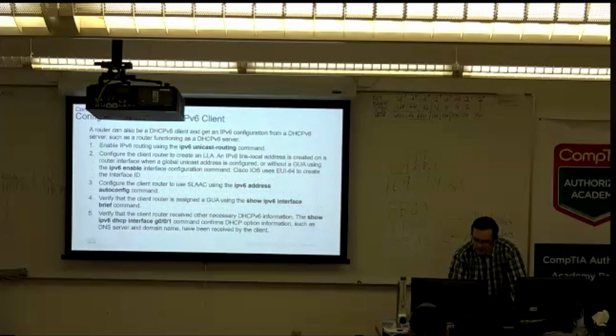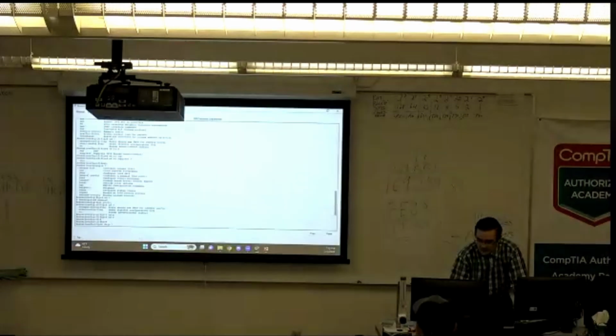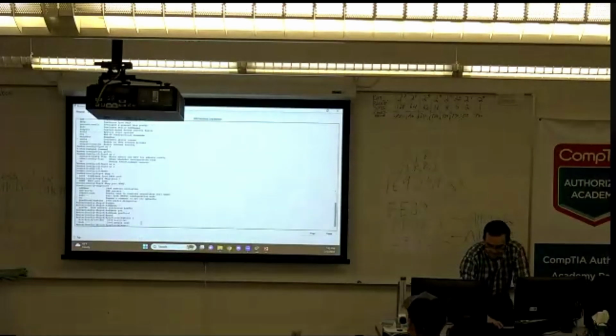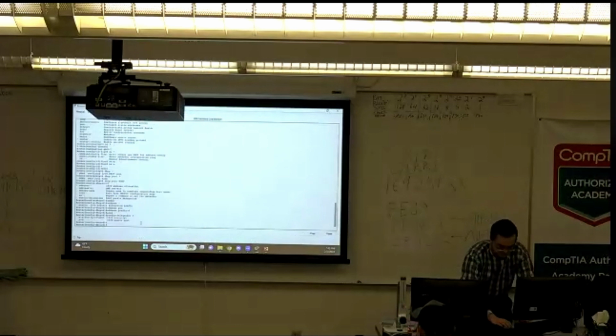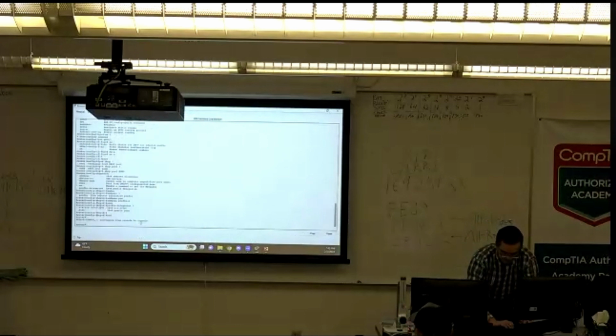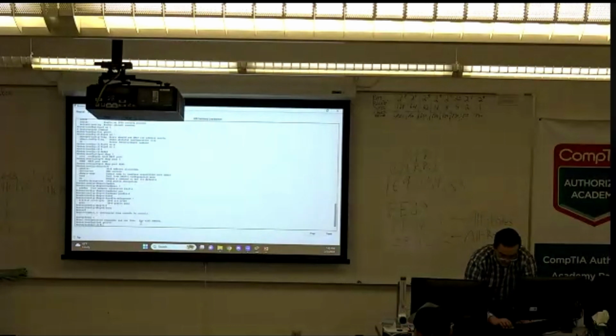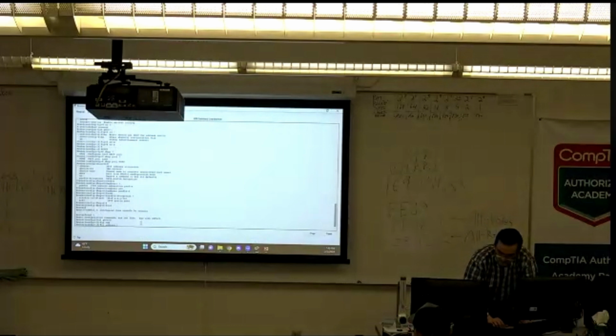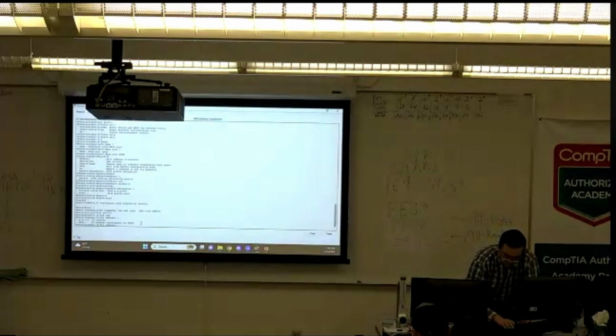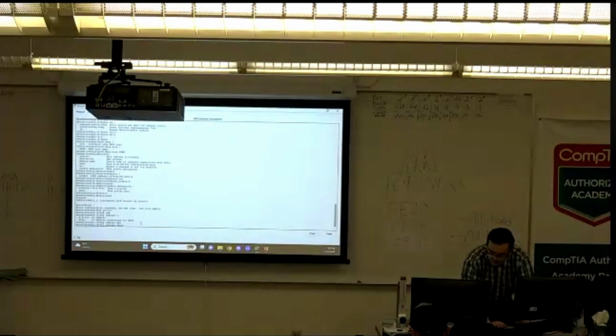All right, on a client, IPv6 address autoconfig. So that is a difference with IPv6. So we can do IP address DHCP, right?